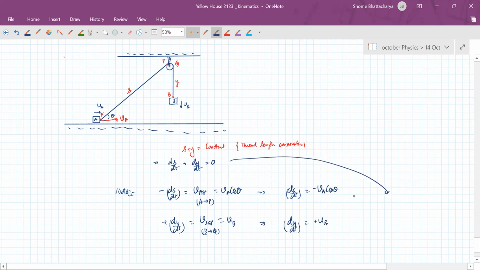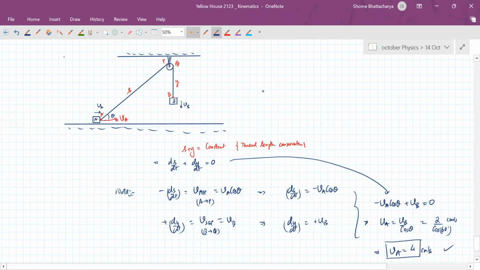So now substitute in this. Yes, you can see this is a very simple and direct way of doing this type of constraint relation problem.